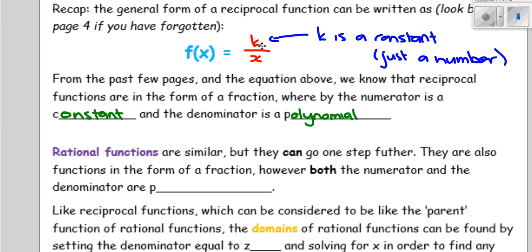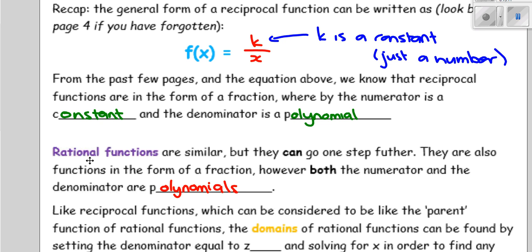But both the numerator and the denominator can be polynomials. Yeah, so it is getting a bit more abstract and complicated. Kavina, have you got that? Okay, because this is getting tricky, so make sure to concentrate.